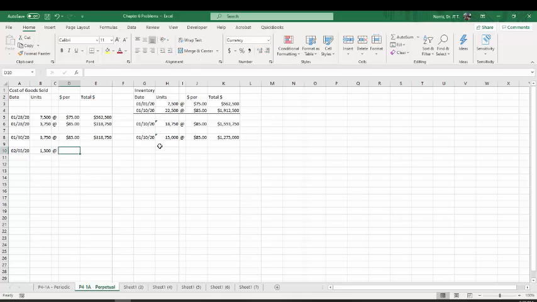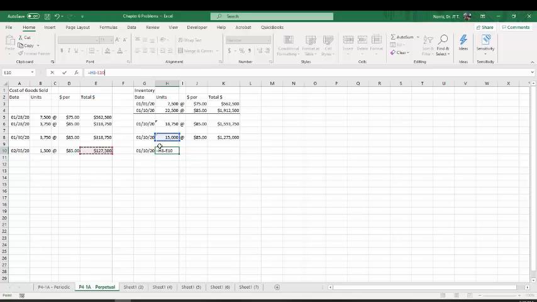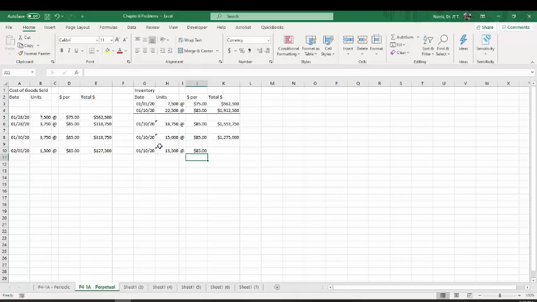This also has to come from the batch of $85 per unit, leaving us out of the January 10th purchase 13,500 units at $85 a unit for a total of 1,147,500.